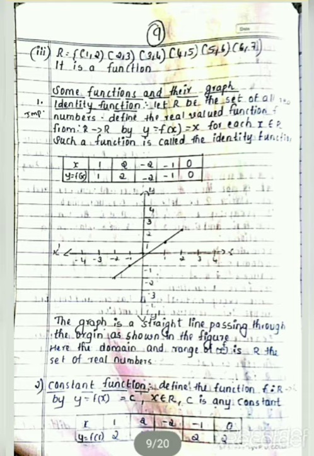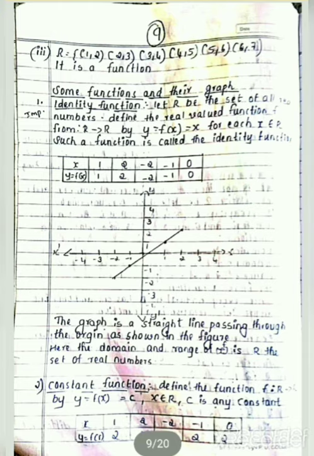Next, the second type is the constant function. What is a constant function? The definition is like this. Define the function f from R to R, meaning the set of all real numbers to real numbers, by f of x is equal to c, or y is equal to f of x is equal to c.